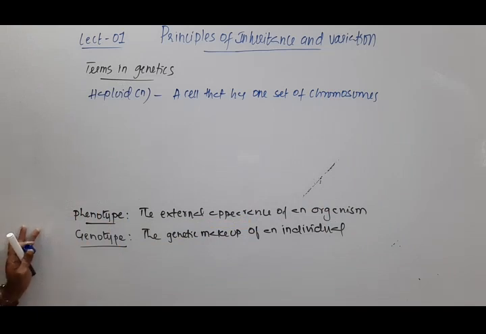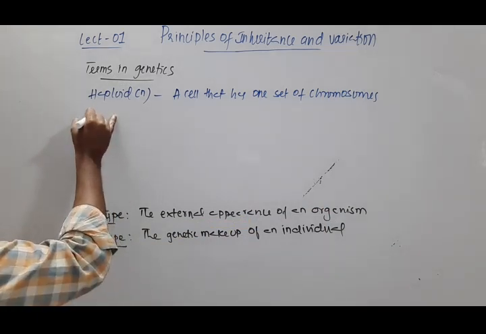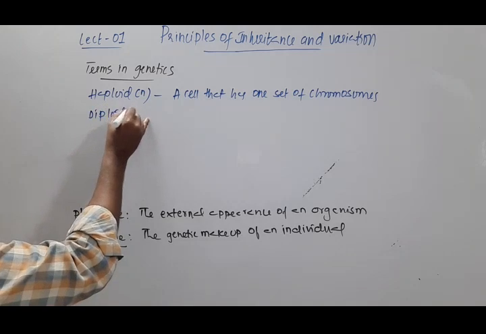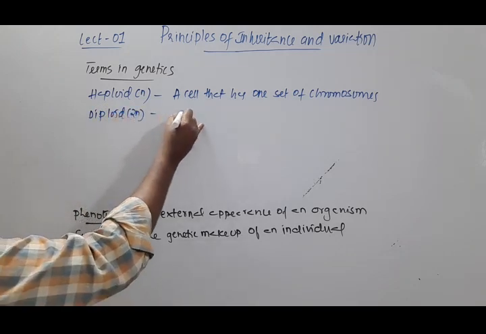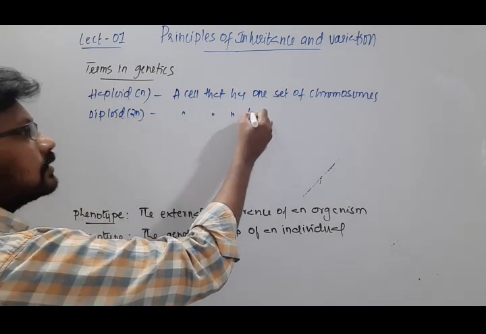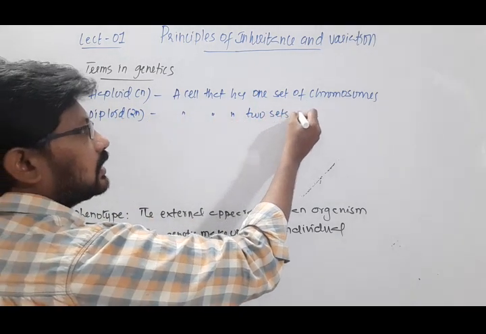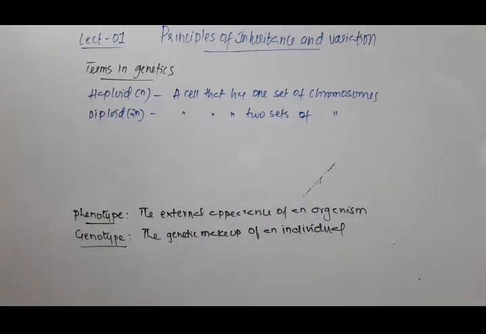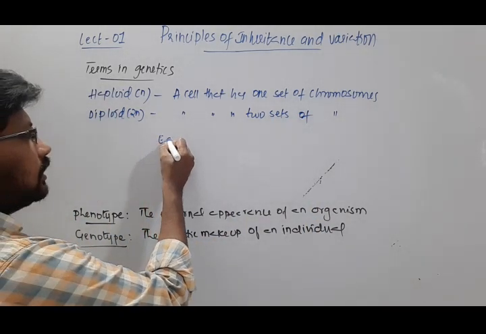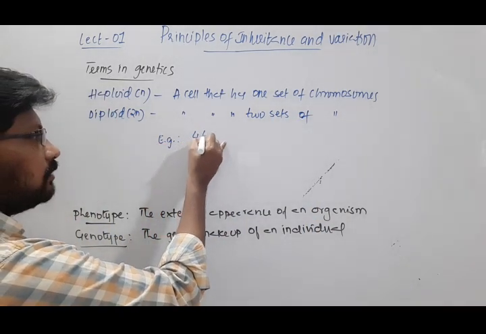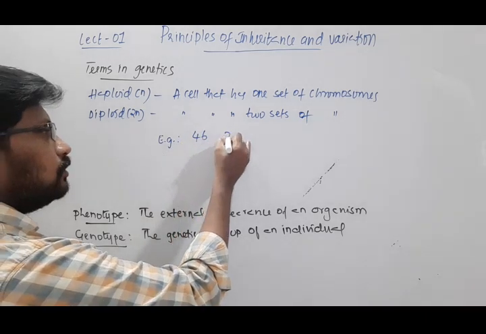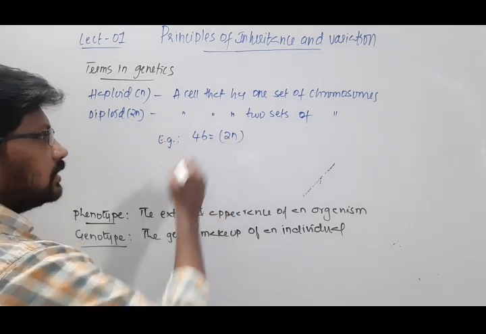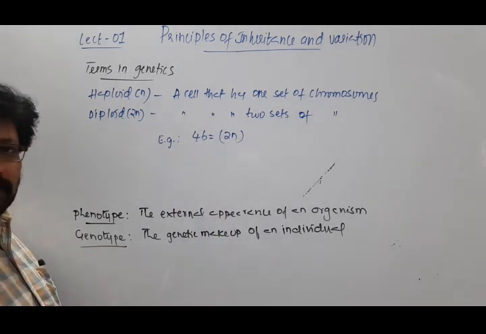And coming to diploid, that is 2n, a cell that has two sets of chromosomes. For example, in human beings, 2n, the diploid condition, is 46 chromosomes.